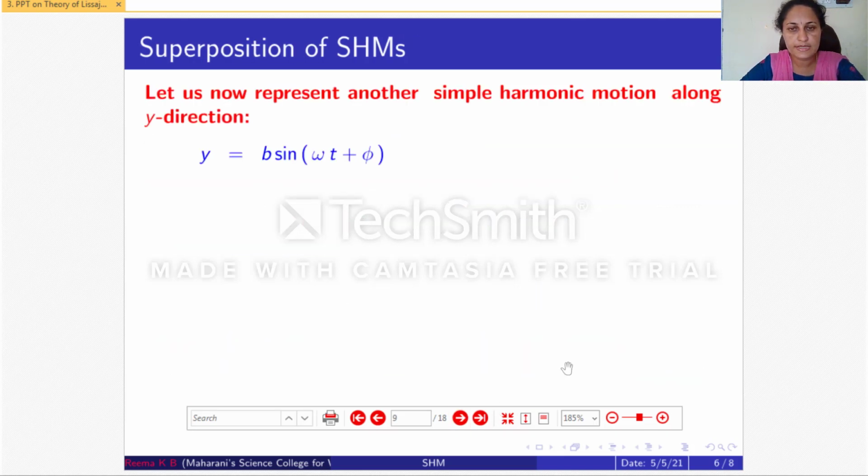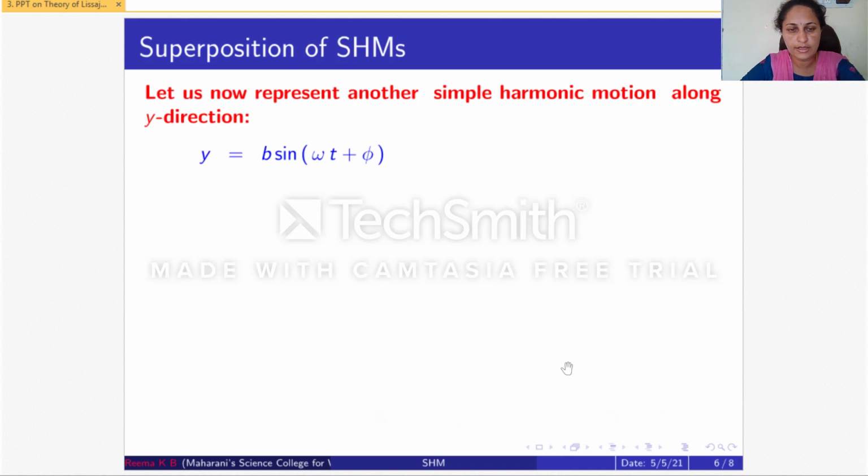Let us now represent another simple harmonic motion along y direction, where y is equal to b sine of omega t plus phi. We know that sine of a plus b is equal to sine a cos b plus cos a sine b.